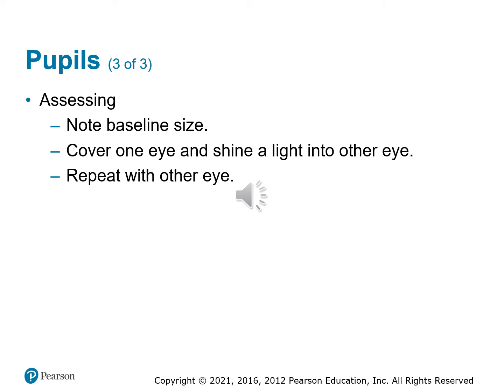Then move that light source back off of the eye and back in over that eye one more time to confirm. Then you want to switch eyes and do the same thing with the other eye. So cover up your first eye, run that light source from off of the face into the eye, see what it does, move it back out, and then back in again, and it should do the same thing. The eyes should react the same way from the left side to the right side.